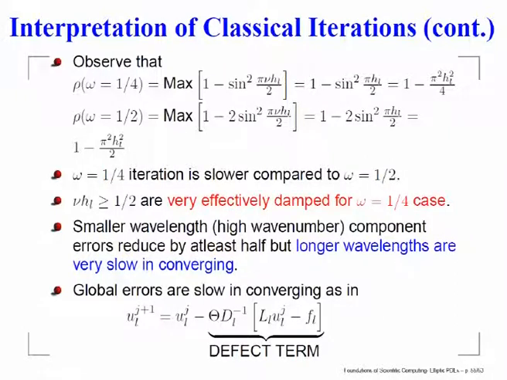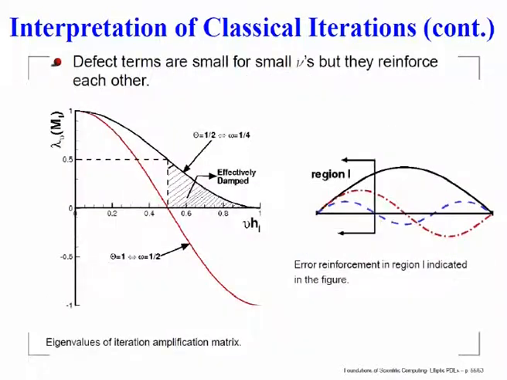So instead of reading all that, let's go over to this next page and then we'll see what we are talking about. Like when we take theta equal to half, omega equal to 1/4, my eigenvalues are given like this, right? I could plot on this axis mu times HL. So if mu times HL is 0, then I'll have a maximum case, right?